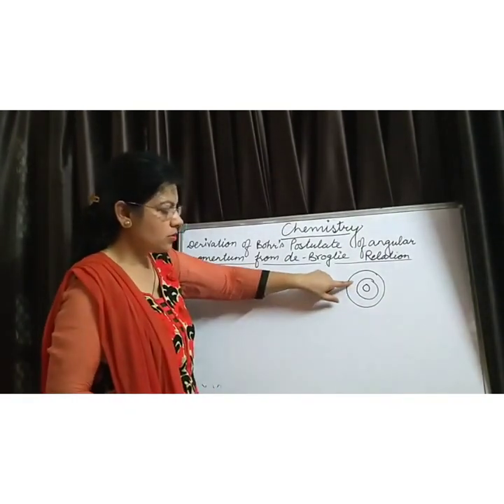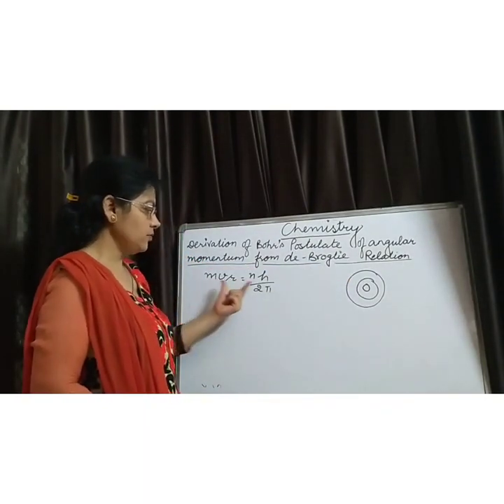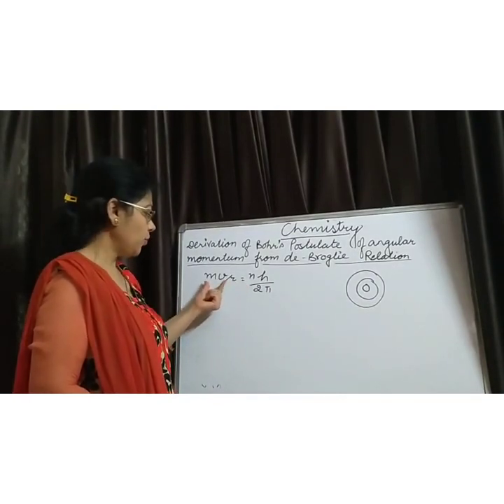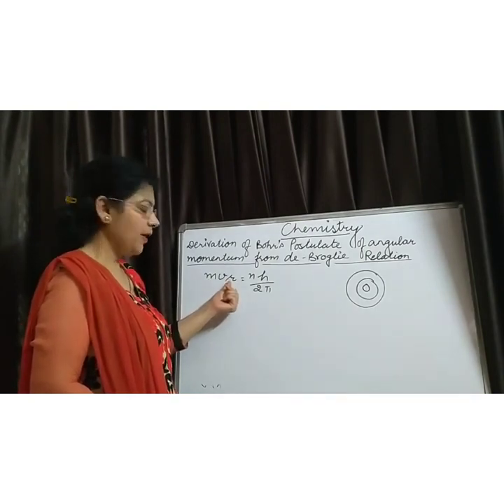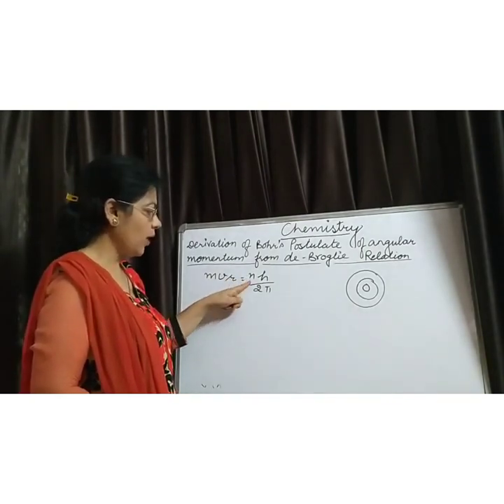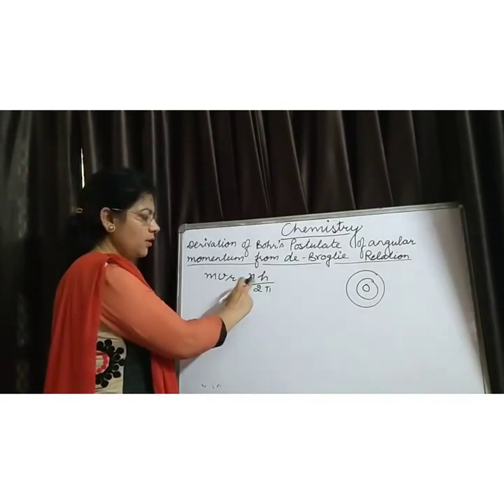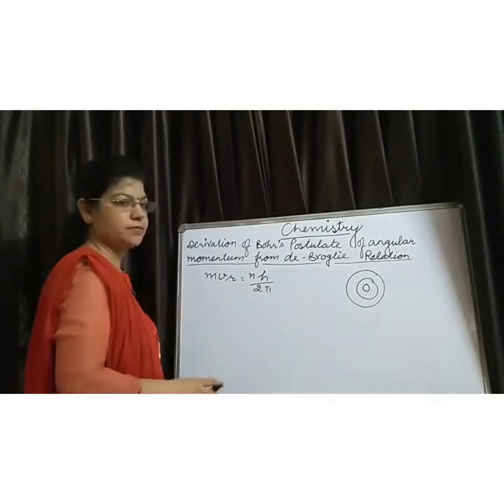Around the nucleus, only those orbits are possible which have angular momentum, that is mvr, the product of mass, velocity and perpendicular distance, equal to nh by 2 pi, where n is any integer, h is Planck's constant, 2 is a constant, and pi is also a constant.